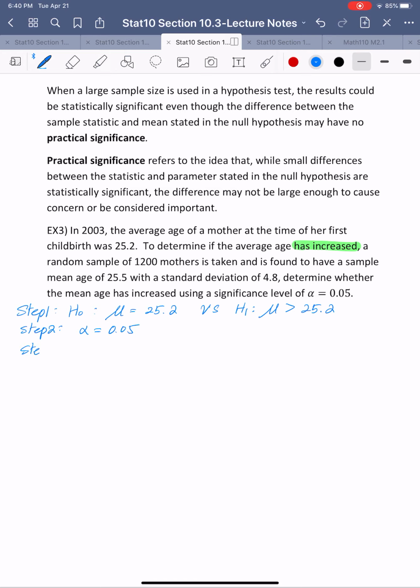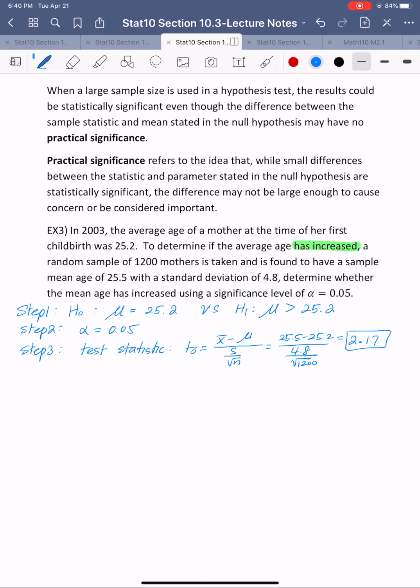And then step 3, we have a test statistic to find, which is t sub 0, which is x bar minus mu over s over square root of n. So x bar is 25.5 minus 25.2 over s, which is 4.8 as given, and then square root of 1,200 women, which equals 2.17.